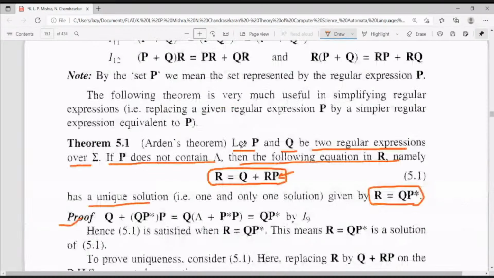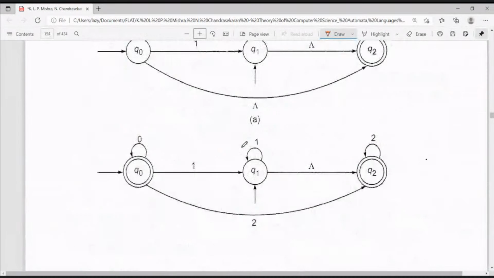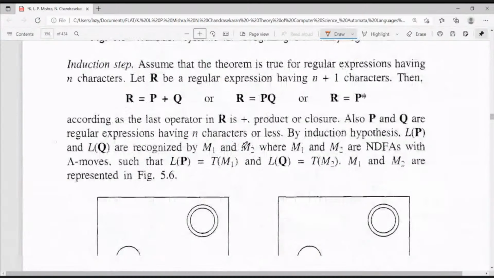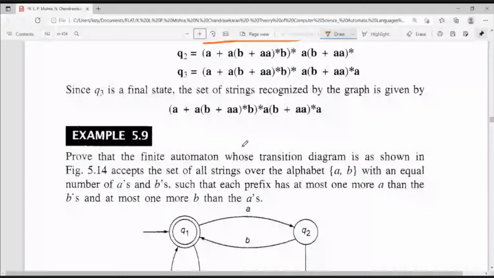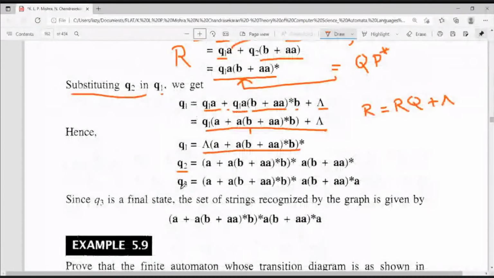So let's move on. After that, you can simply substitute the Q1 into this Q2, and then Q2 can be substituted in Q3, so you'll get this entire expression. Q1, what we get over here, we can insert in this Q2 is equal to Q1A plus Q2B.